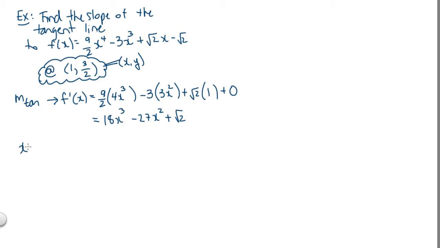So we need to pick out the fact that x is equal to 1 and actually plug that into our derivative to get the answer. So now that we've done the derivative, we can plug in x equal 1 and get 18 times 1 minus 27 times 1 plus root 2, or in other words, minus 9 plus root 2. And that's the final answer to that question.